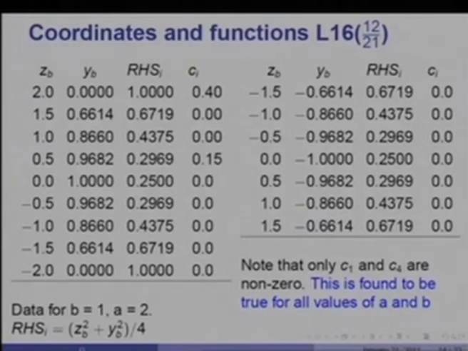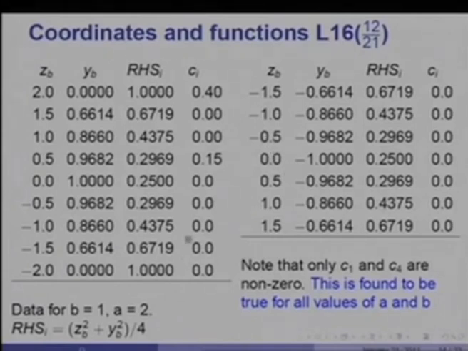Here are the evaluated constants C I. So, you can see I have taken 16 boundary points 2, 0, 1.5, z b equal to 1.5, minus 1.5. In each case y b has been evaluated. The right hand side, which is z b square plus y b square by 4, is also mentioned here. And after evaluation by LU decomposition method, what do I find?